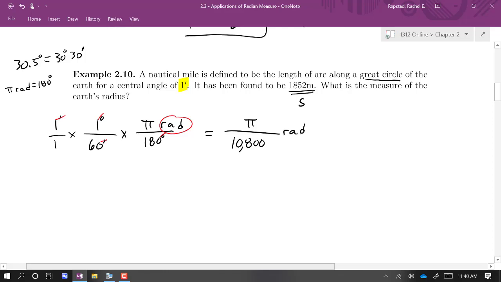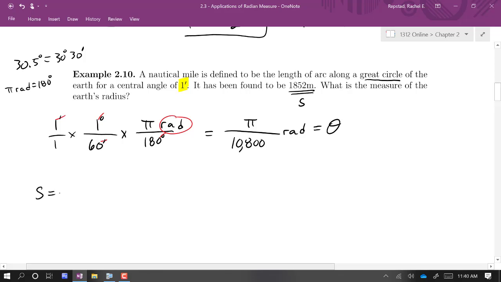If you wanted to take pi and divide it by 10,800 in your calculator and approximate it, that's okay, but make sure you don't round too coarsely. Take it out many spaces to make sure you have an accurate measure of the angle. So now I know theta is pi over 10,800.